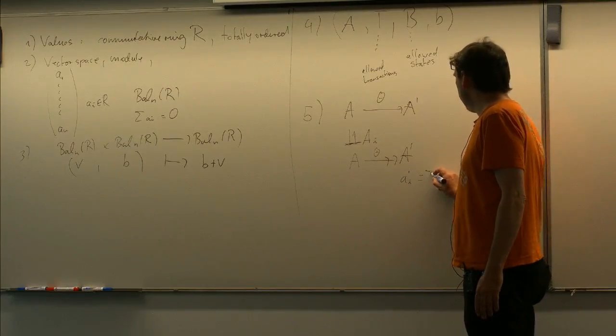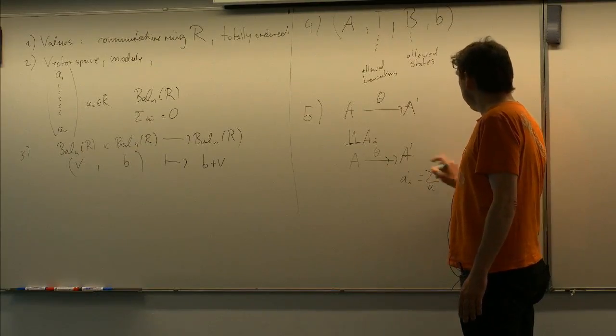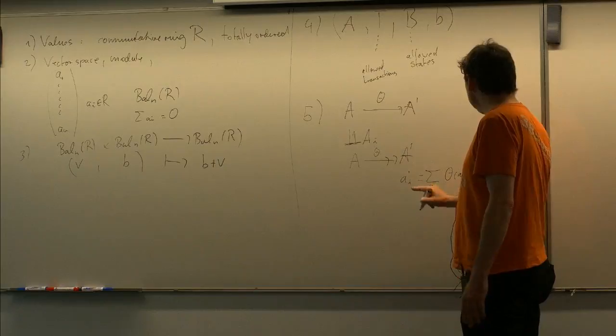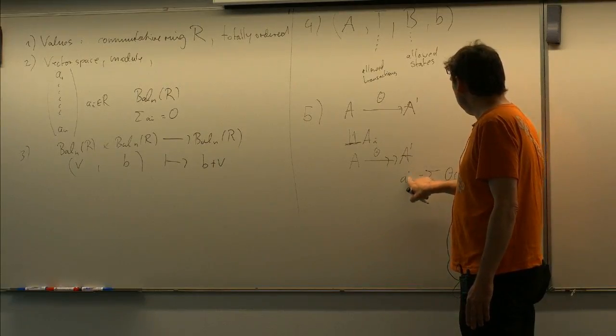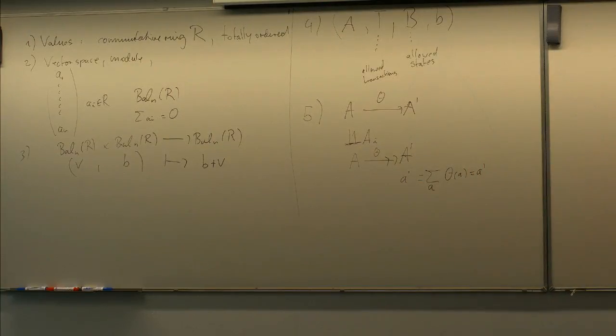That should be the sum of the values of all the accounts such that this map here is mapping A to A_i. I don't really need the subscript here, A prime. So this is a notion of composition of accounts where you can merge accounts. So you have disjoint union, and if you want to merge accounts, you need to add up their values. I think that's quite a natural thing to do.